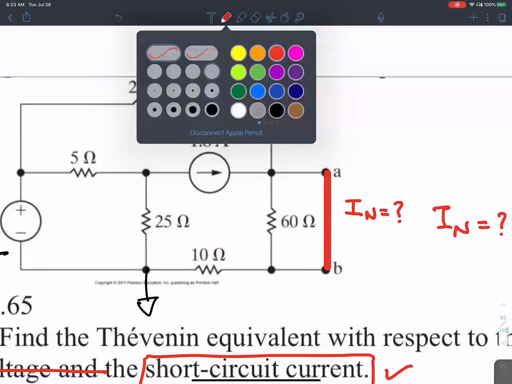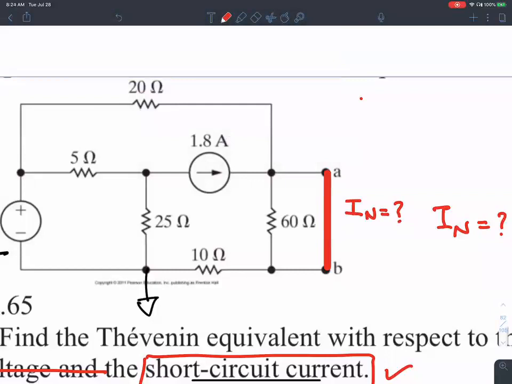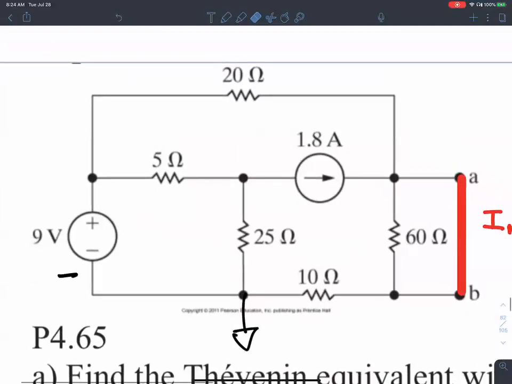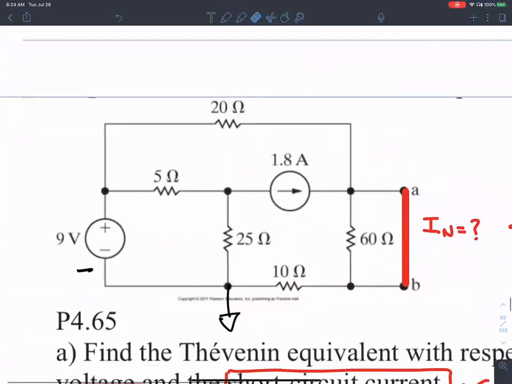That's the definition for the Norton's current, right? So that's how you would find it. Now, what observation can you make about what happens when you short these two terminals A and B?